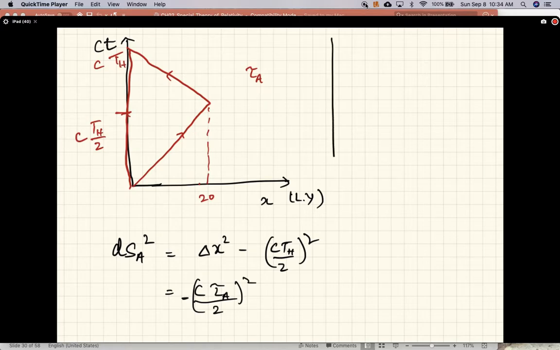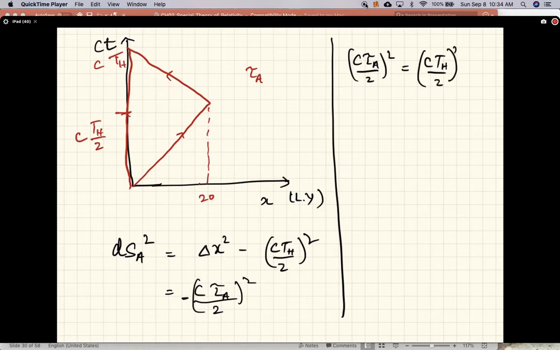Okay, so what we have is (c tau A by 2) squared is equal to (c t_H by 2) squared minus delta x squared. Now tau A, the astronaut spends 40 years on the journey, and c, remember, is 1 light year per year.